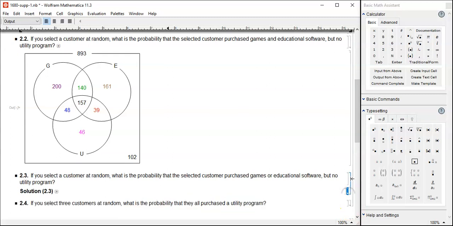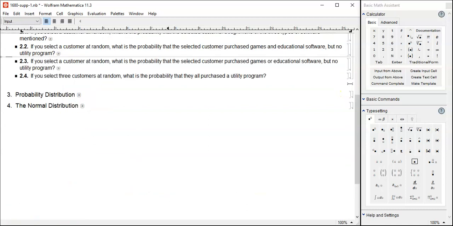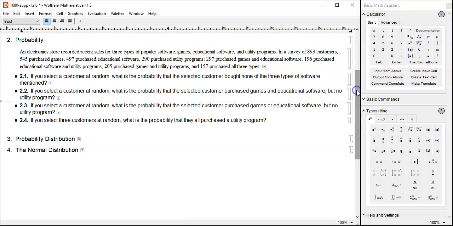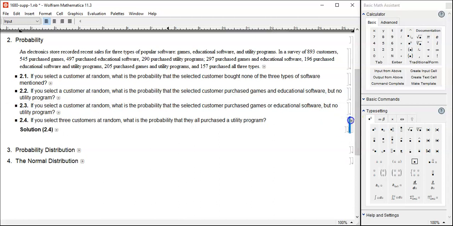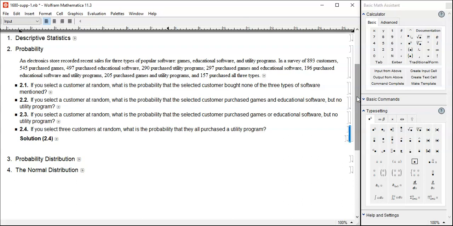Okay, let's go to the final question. And the final question here doesn't have anything to do with the Venn diagram. We're selecting now not just one, but 3 customers. What is the probability they all purchased a utility program? So utility program, 290.